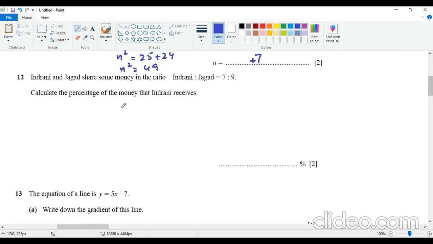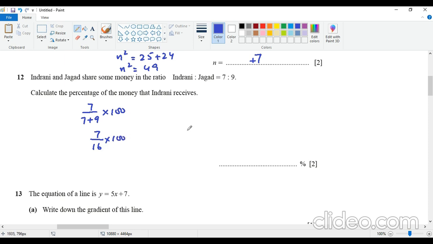Now comes question number 12. It says Indrani and Jagat share some money in the ratio of 7 is to 9. That means 7 over 7 plus 9 multiplied by 100. Calculate the percentage of the money that Indrani receives. That means 7 over 16 times 100.